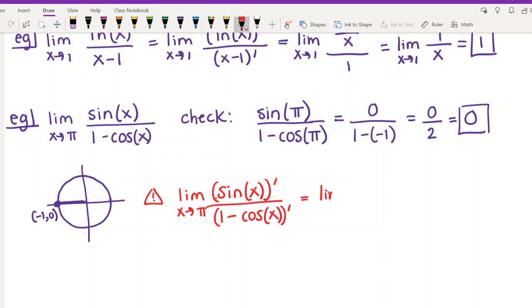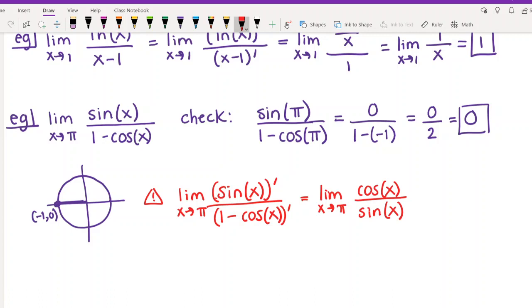And so that would give us the limit as x approaches pi of cosine of x over 1 minus negative sine of x. Sorry, the 1 goes away, my bad. The derivative in the denominator would just be sine of x.